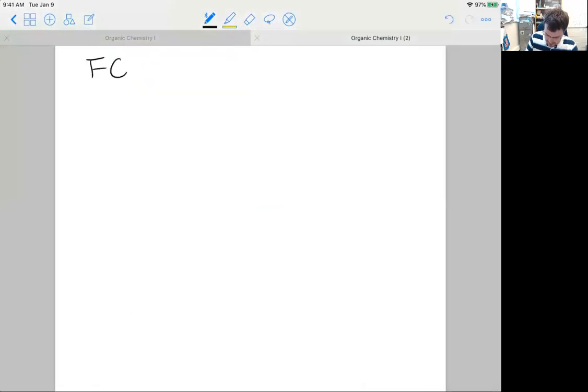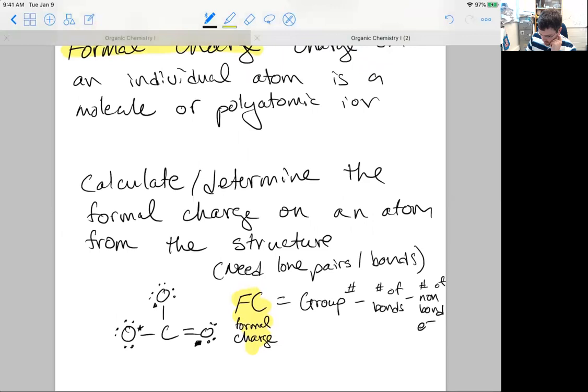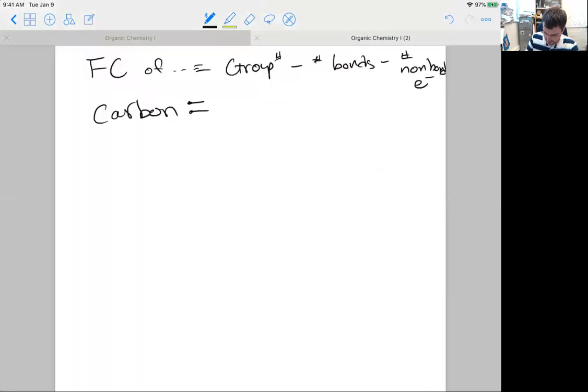So the formal charge of carbon is equal to the group number minus the number of bonds minus the number of non-bonding electrons. For carbon, we have 4 bonds and 0 non-bonding electrons. It doesn't have any dots around the atom that aren't part of bonds. So we have minus 4 and minus 0.